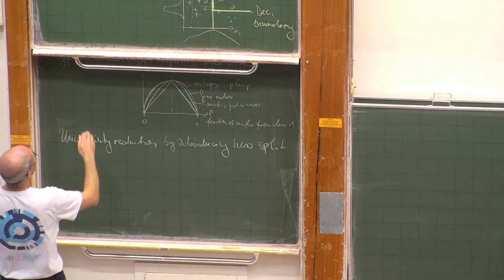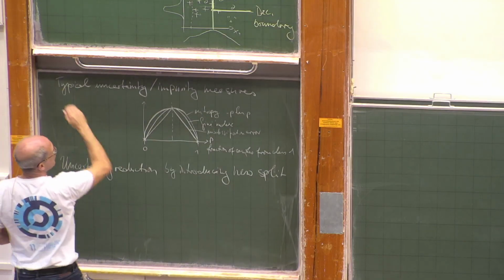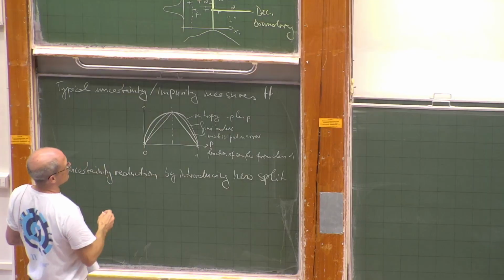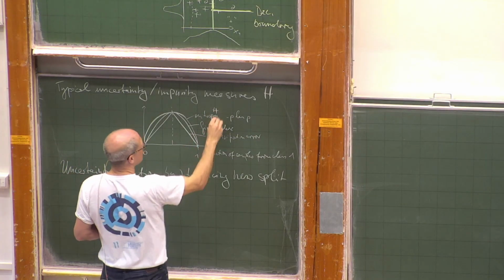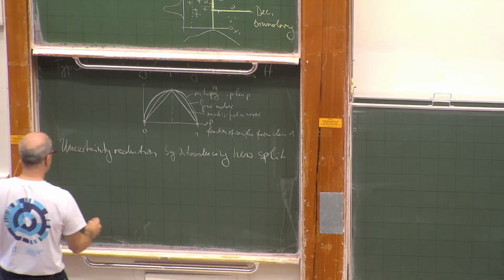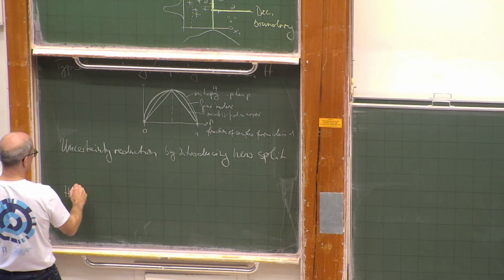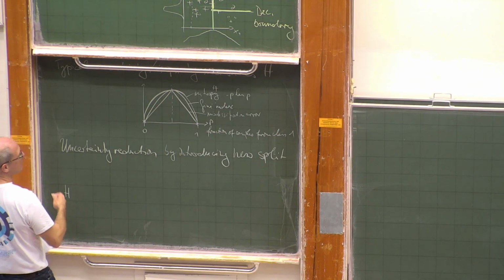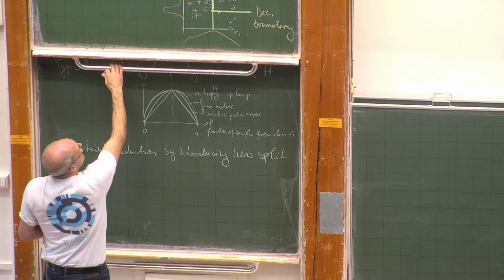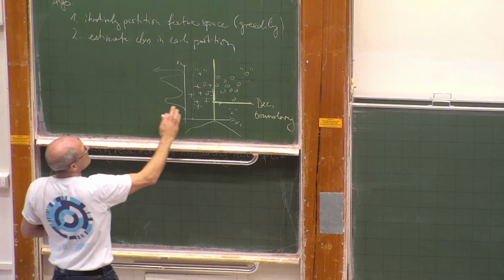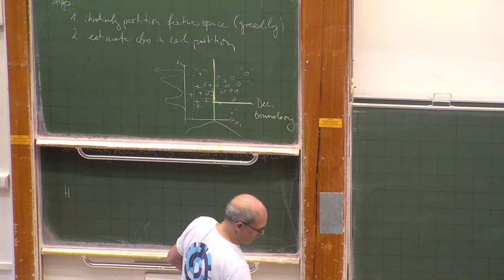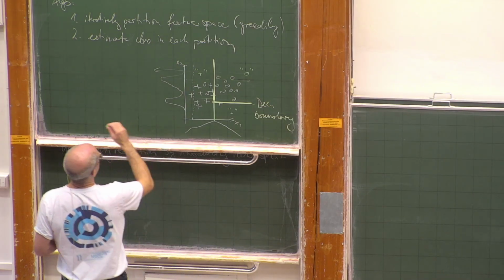If I'm calling these uncertainty measures H, I'm using H because the entropy would be H, then we can look at the H of our current classification. And why is it called a decision tree? Because this iterative partitioning corresponds to a tree.